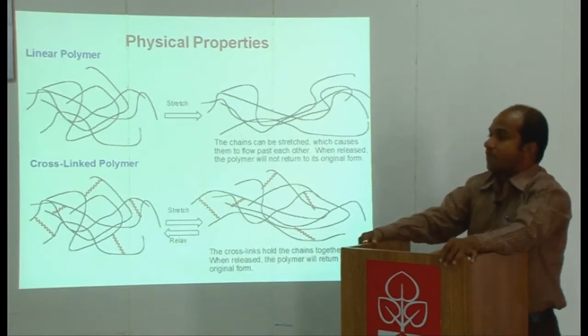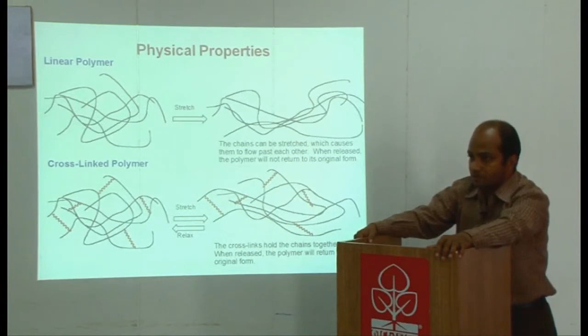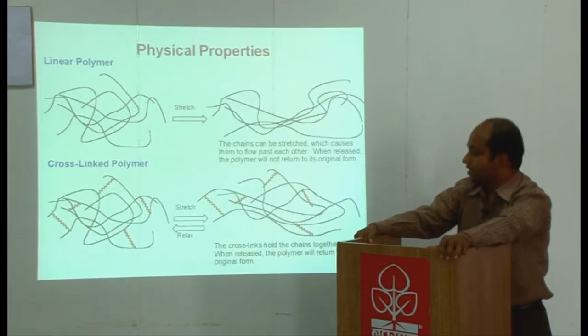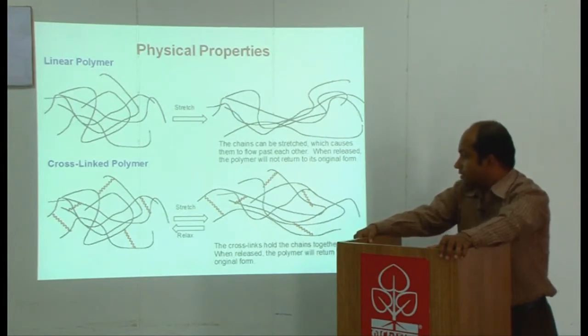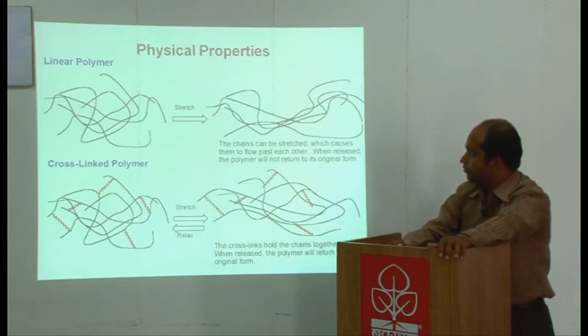Whereas in case of a cross-linked polymer, upon stretching, the cross links which are holding the polymer chains together will hold the polymer structure together. They may change their configuration to a smaller extent, but upon release of the stretch or the stress, the polymer returns to its original form.